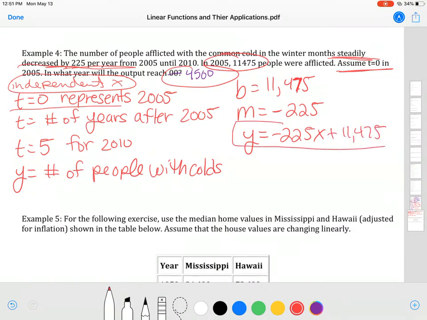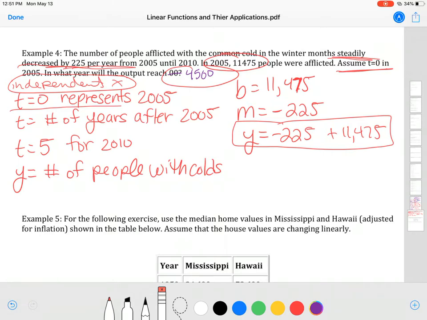So here's my equation. Now the problem says, in what year will the output reach 4,500? Meaning, when will there only be 4,500 cases of the cold? So it's asking us to find the year, which is our T. Actually, let me fix this.